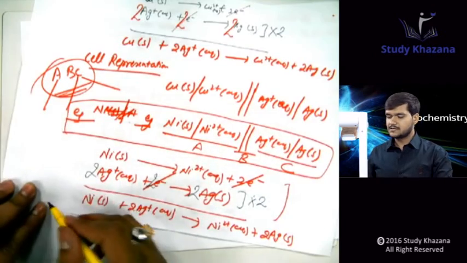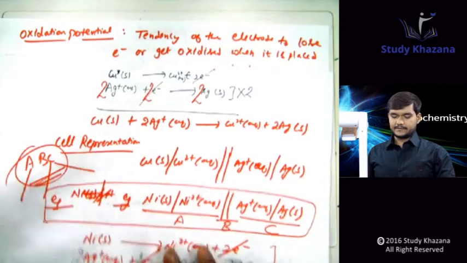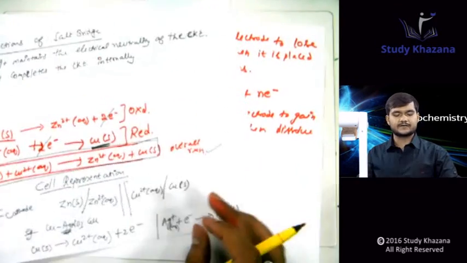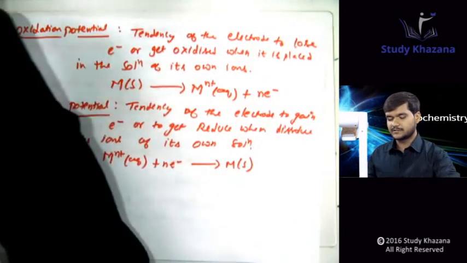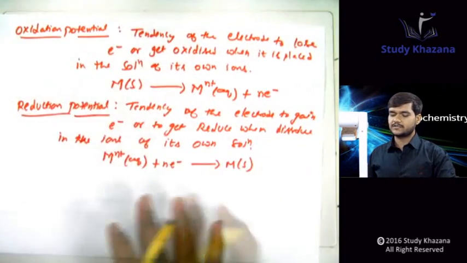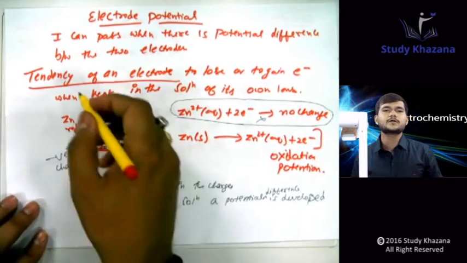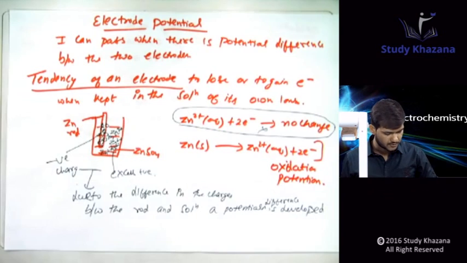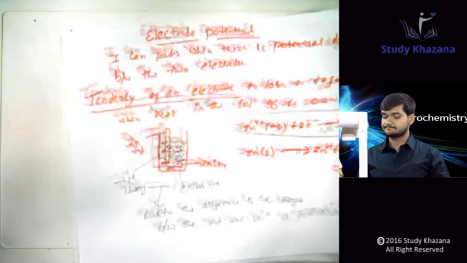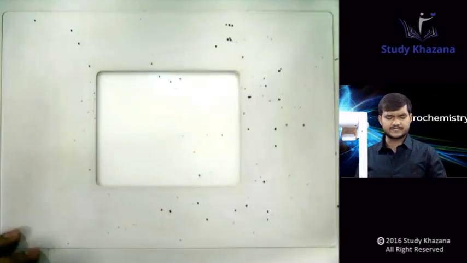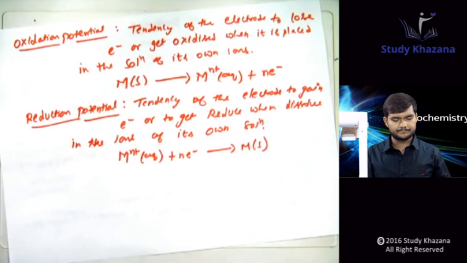Then how to write the half cell reactions, the functions of the salt bridge we have discussed, and then the electrode potentials. Electrode potential is the tendency of an electrode to lose or gain electrons when dipped into the solution of its own ions. Then oxidation potential and reduction potential I have made clear as well.